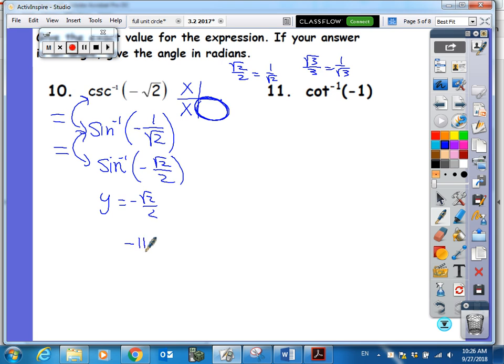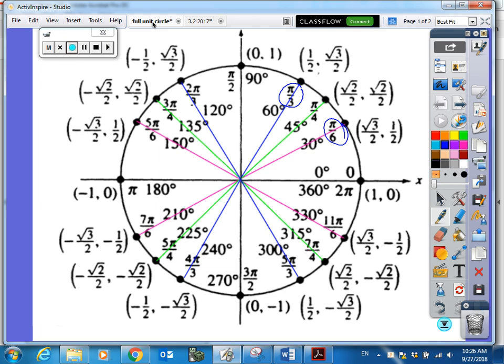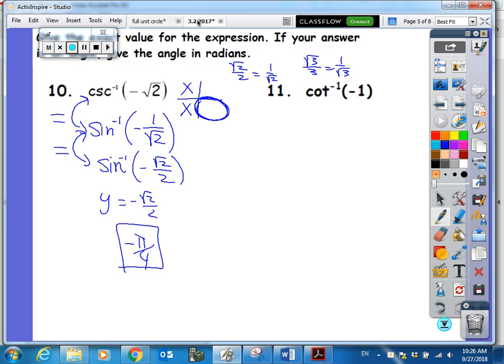And that's going to be at negative pi over 4. 7 pi over 4 is where that happens, but 7 pi over 4 makes us go through quadrant 3. We can't do that. Therefore, we have to start at 0 and go down, which is a negative direction. Again, back to unit 1, knowing about positive and negative angles.